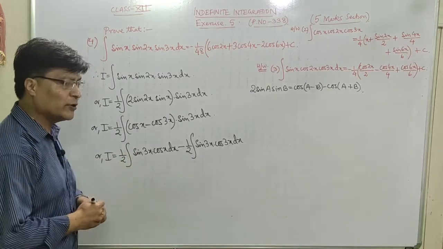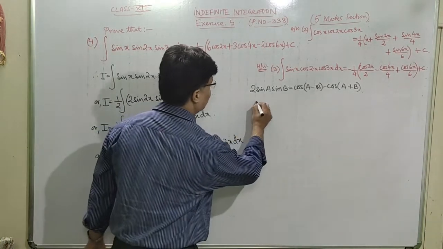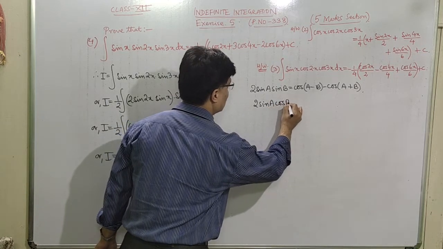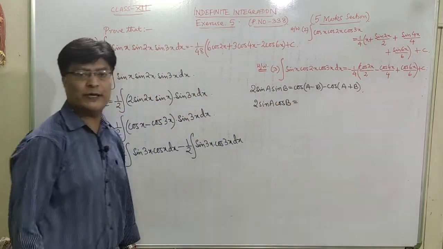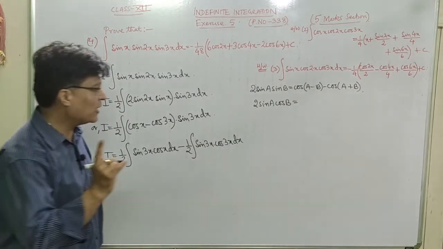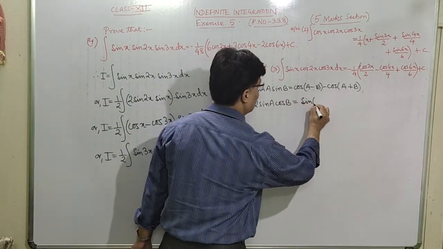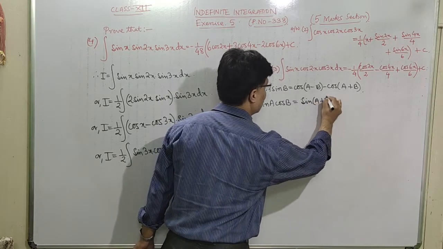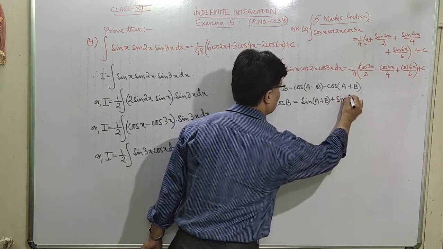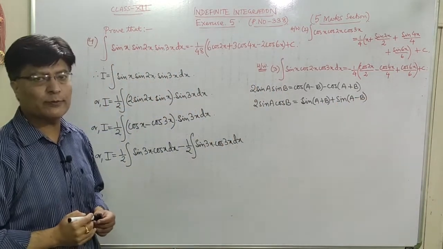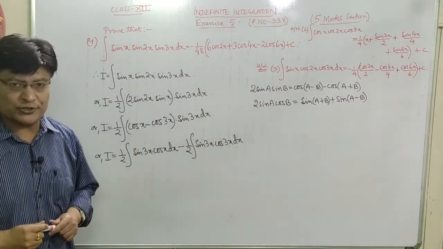For the first term, you can use the formula of 2 sin A cos B. What is the formula for 2 sin A cos B? A is greater than B here. So the formula is sin of A plus B plus sin of A minus B. This is from transformation of products and sums.